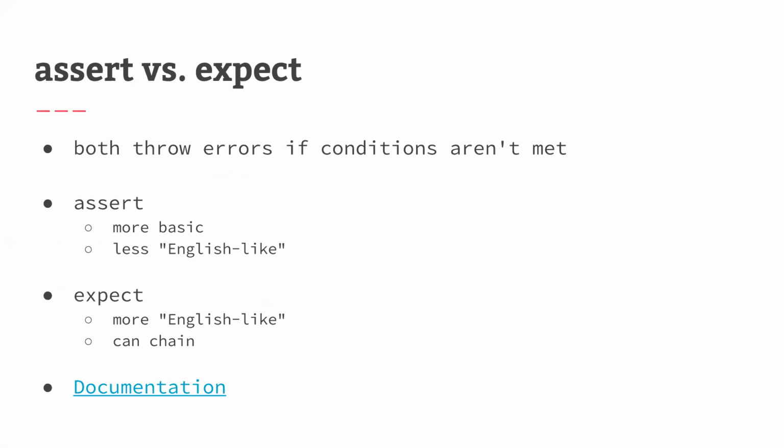Monica, do you have something to add? I was just discussing my preference for expect. Yeah, tell us about it. It's more human readable. For me, that means I make fewer errors in writing tests. And I know that you can chain it.